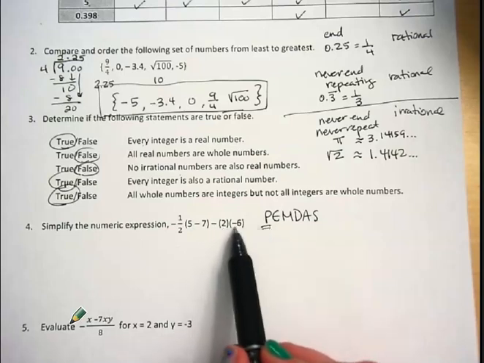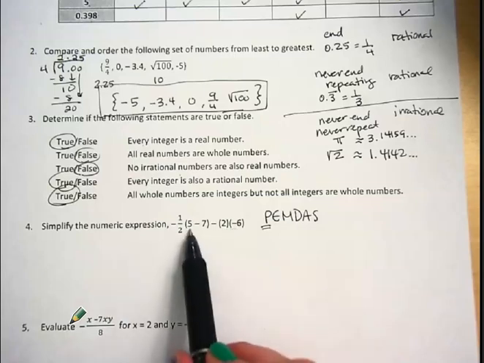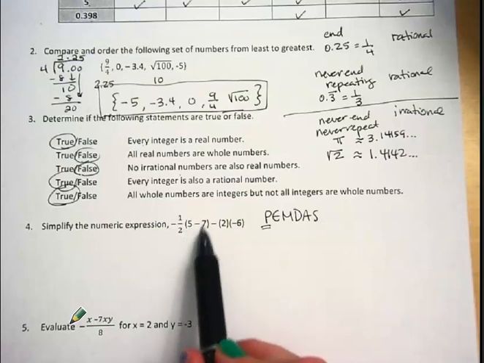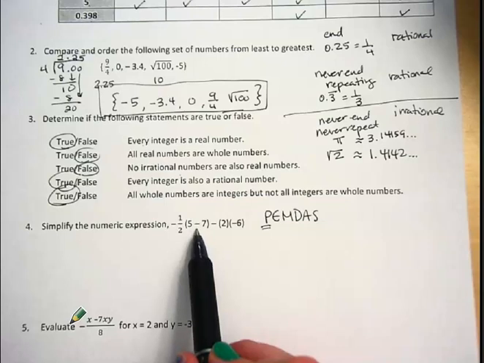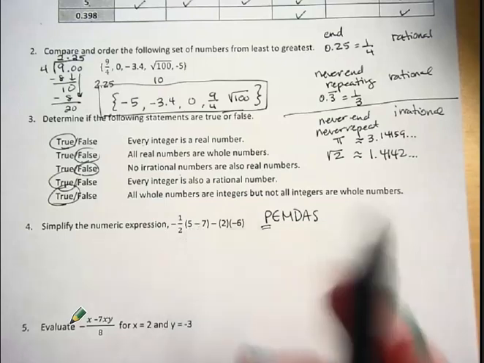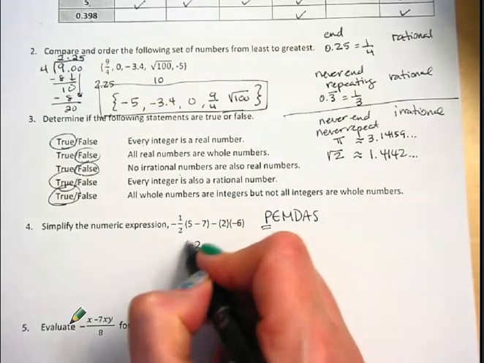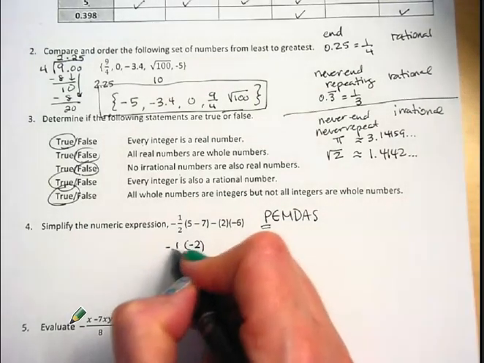There's nothing to simplify inside. These parentheses are just indicating that these are being multiplied together. These parentheses have something inside that I can do the operation, so I'm going to start there. So 5 minus 7 is a -2. I'm going to write that down, and everything else I'm just going to bring down exactly how it is.